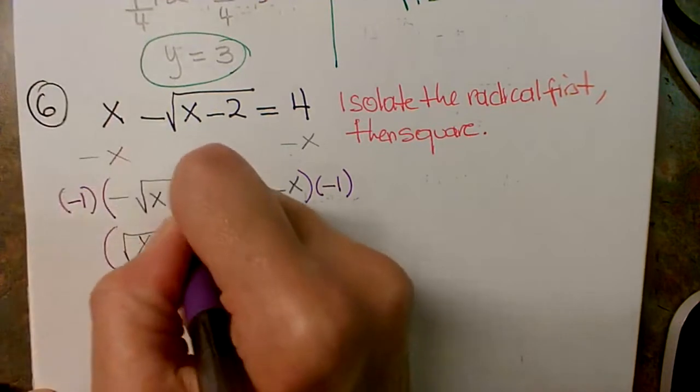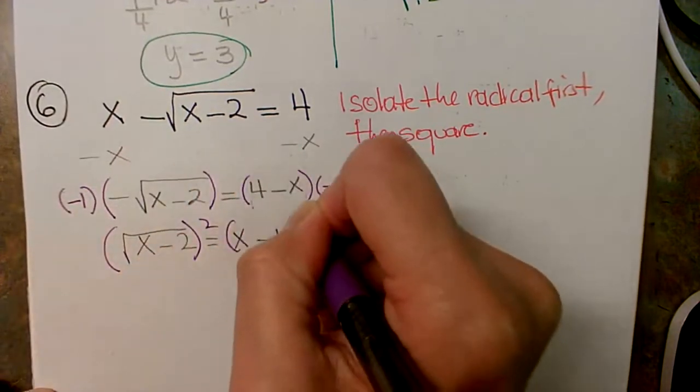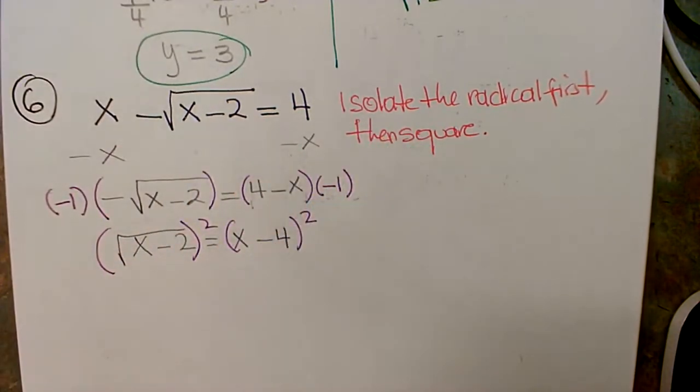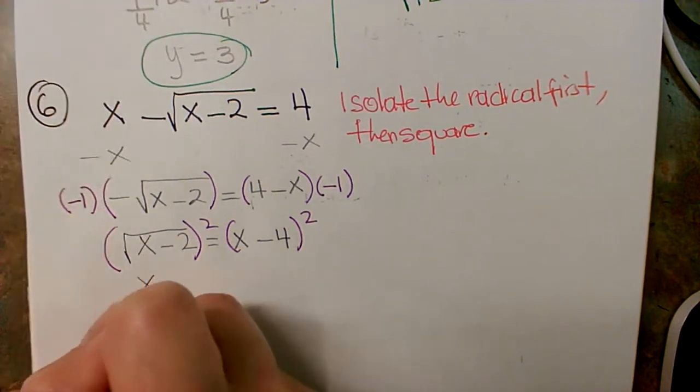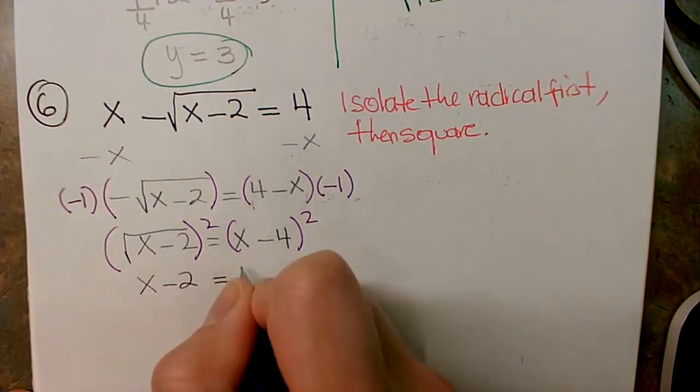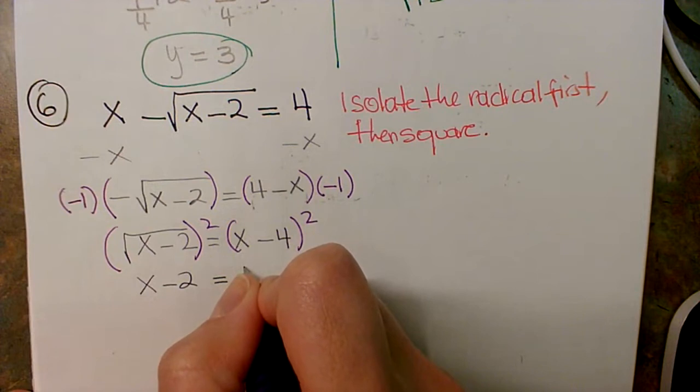Now I'm going to square. I isolate the radical first. I did that. Then I'm going to square. What I get from here is x minus 2. And this one, what is this one?